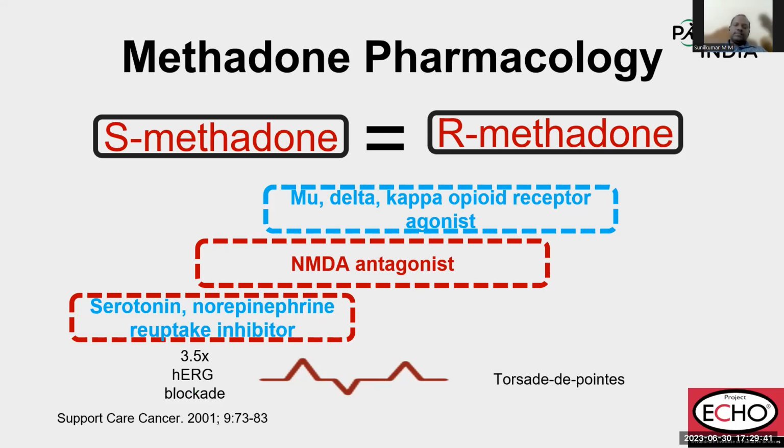So when methadone blocks the human ether-a-go-go related gene channel, it can increase the QT interval, which can lead on to torsades de pointes and sudden death. So this is one of the side effects which everybody is afraid of. When we give methadone, are we going to produce torsades de pointes and death of the patient?